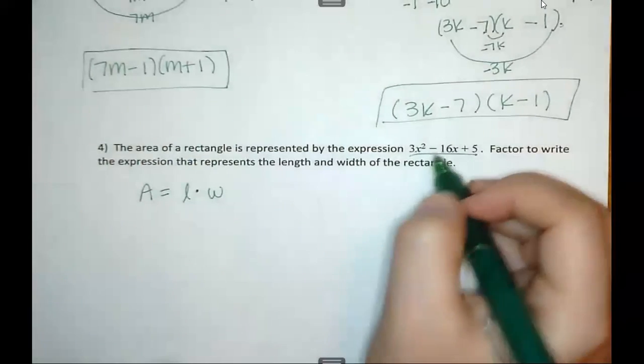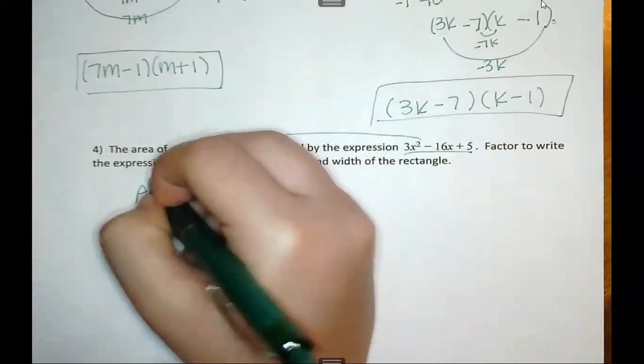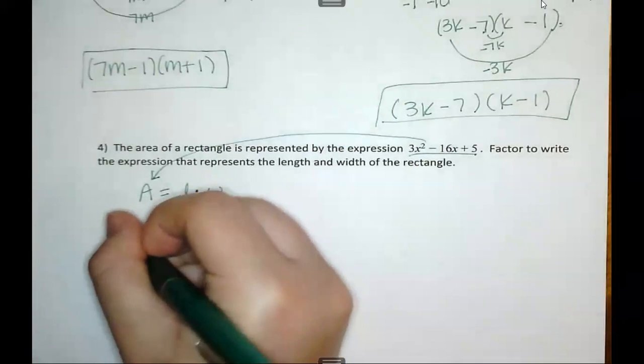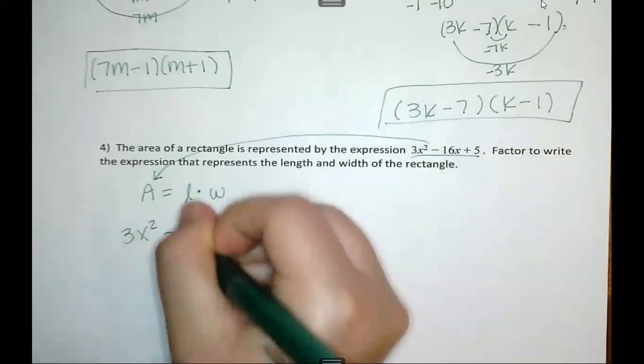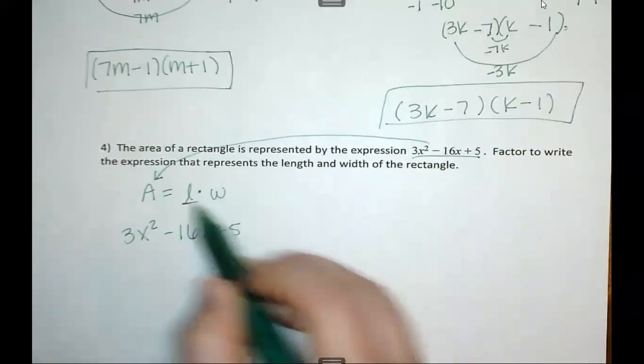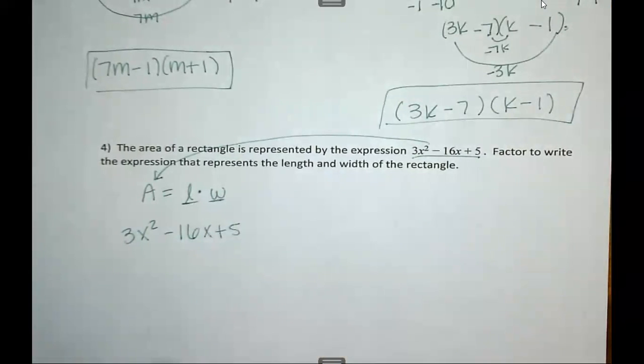And right now, they gave us the area. So we just need to plug in what we know, which is the 3x squared minus 16x plus 5. And then we just need to break it down to the two pieces, so the two factors. So all they're asking us to do here is factor. So anytime you're given a word problem, they're still just asking you to factor.